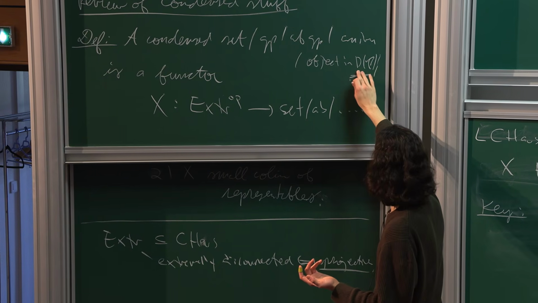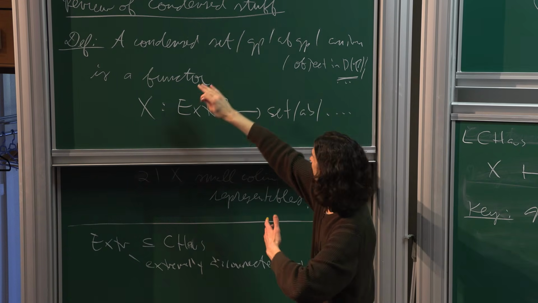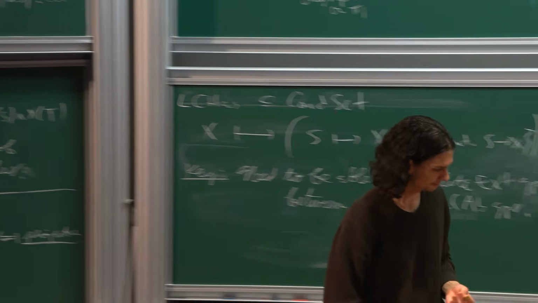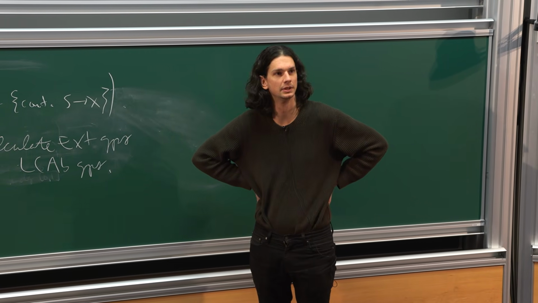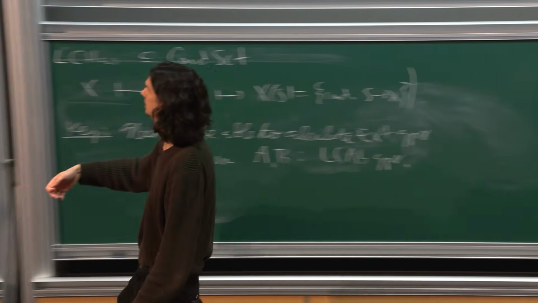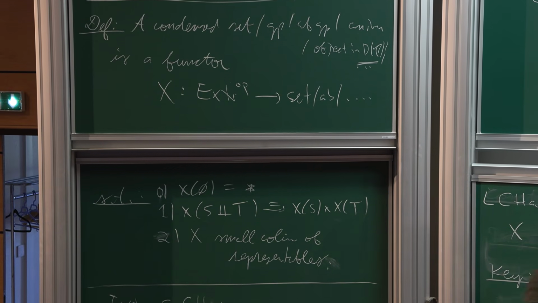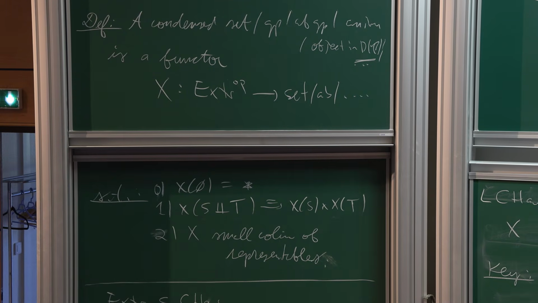You look at any object in here and you look at Homs from that object to the values of this, and then you get a functor to Anima, and you want that to be small. The representable functor will give you a functor to sets, or Anima. But then you look at Homs from a random object to that, and now that's an Anima. And then you ask that to be small. Yeah, let's please, the technicalities are, I promise, not interesting. They do work out, but it's just not fun.